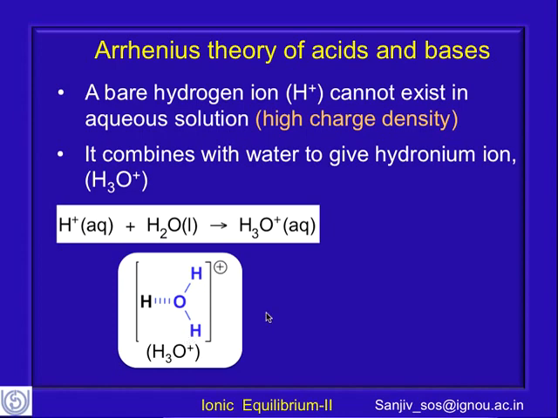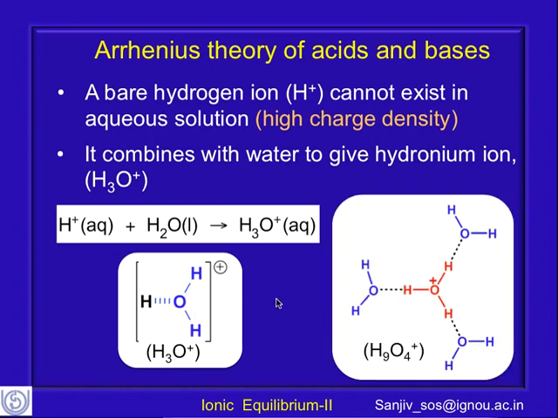But more recently, it has been found that the charge density on the proton is so very high that it's not only one water molecule that combines here. Rather, the proton exists something like this. A proton combines with a water molecule to give you a hydronium ion, and even this hydronium ion has certain polarity. So in this kind of structure there are three water molecules, one here, one here, one here.